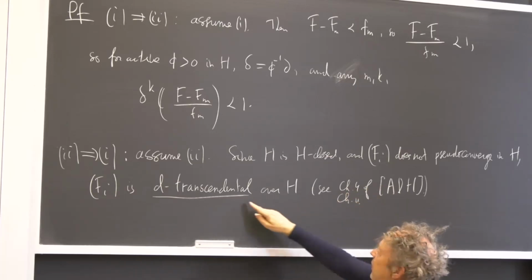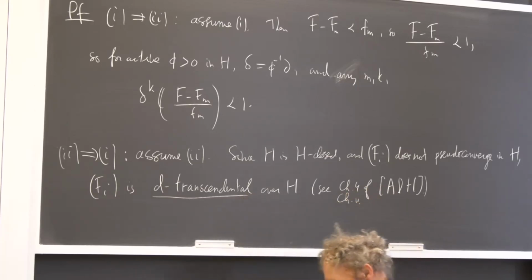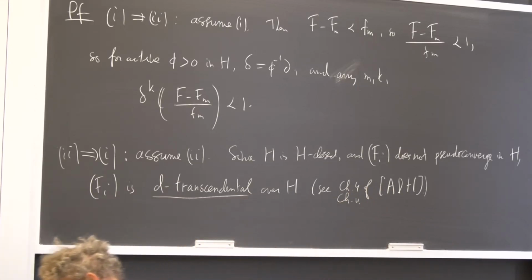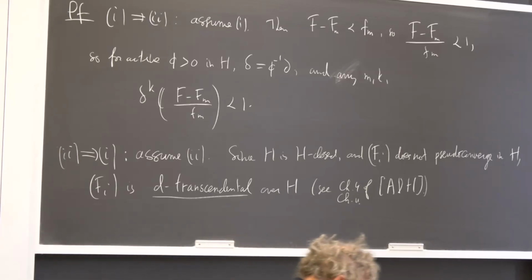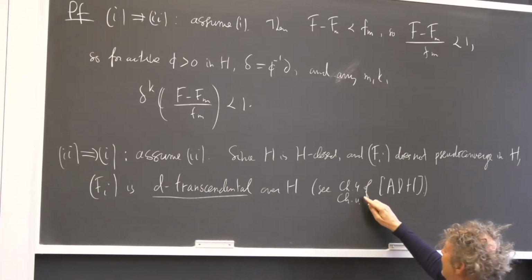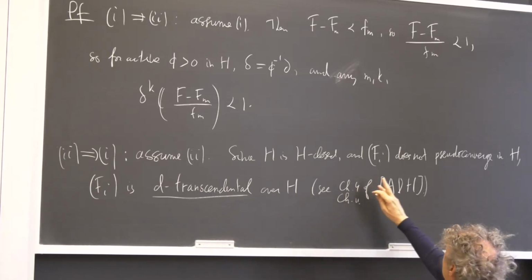Chapter 4 gives the definition of differentially transcendental. Well, wait a minute. It's not just chapter 4 and chapter 11. I think you really need various chapters in our book. I'm afraid that you need later chapters as well.